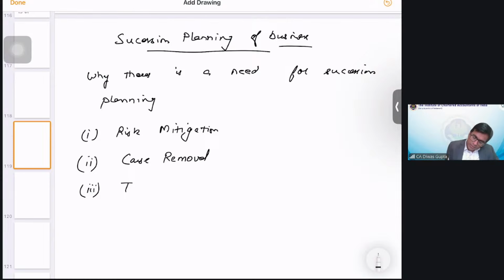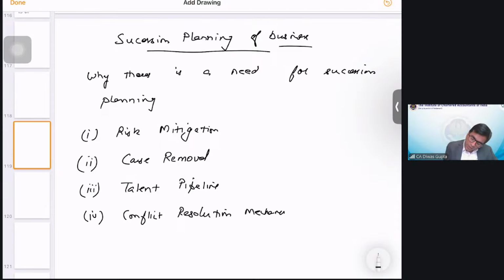Then there is an interesting case for talent pipeline, because you will still want to build your talent pipeline. You would want to assess who are the right people in the talent who can willingly take up this job, right? Then there is a conflict resolution mechanism, because for a single position there will be different people who will be targeting to take it up, right?